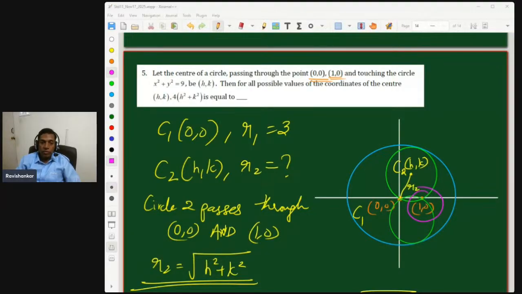Now, after question 5, let's move on to systems of circles, where there are two ideas.